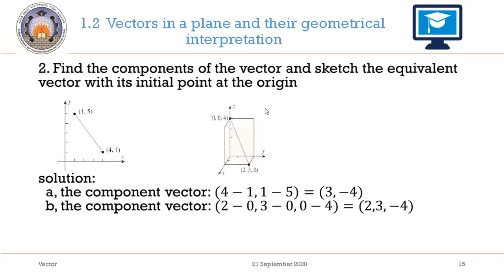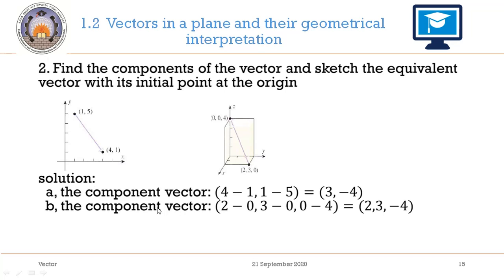Second example: find the components of the vector and sketch the equivalent vector with its initial point at the origin. In the first example, the points are given in two-dimensional space, with a line segment from (1, 5) to (4, 1).